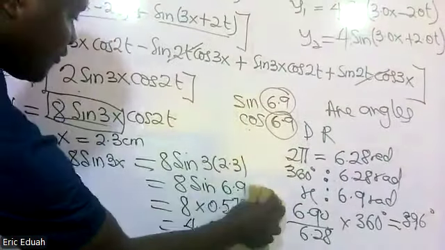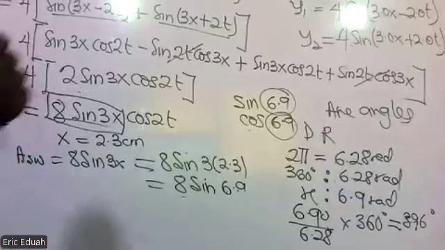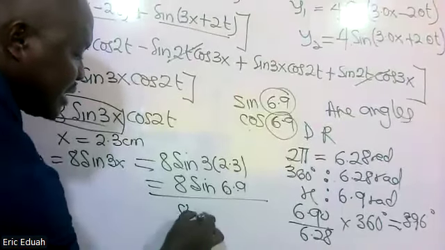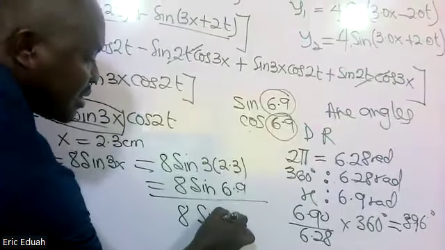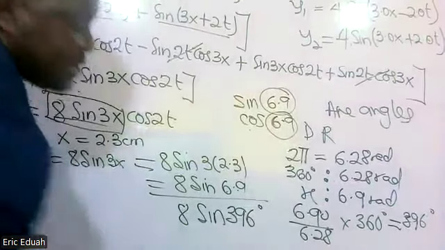So instead of calculating in radian, I can calculate in degree. So 8 times sine 396 degrees.